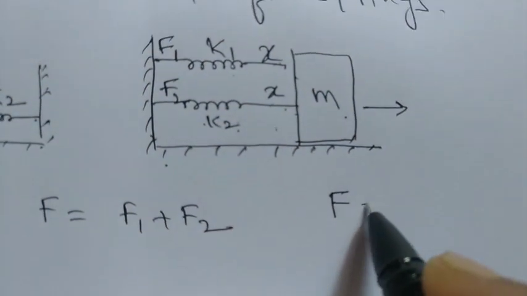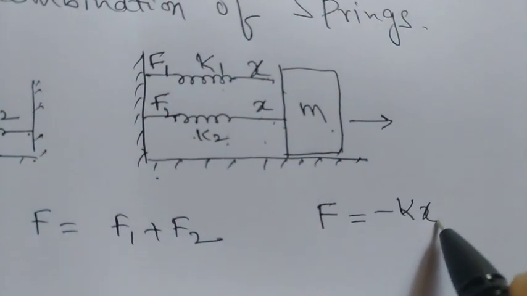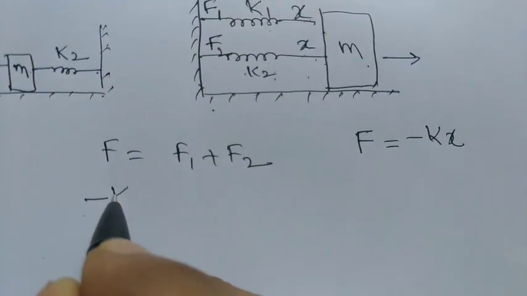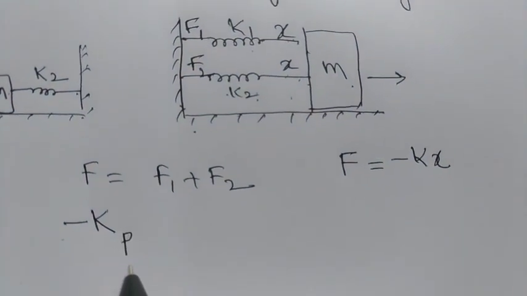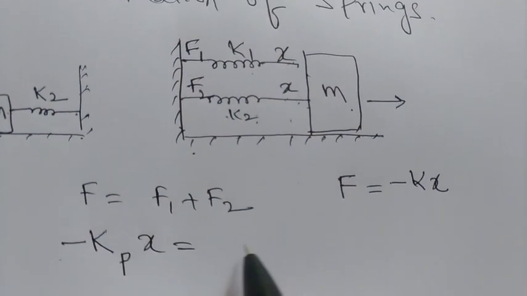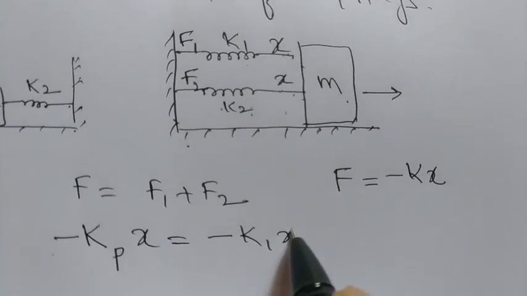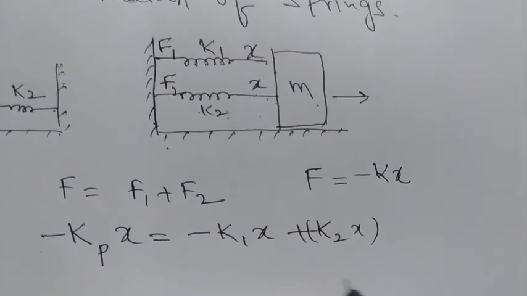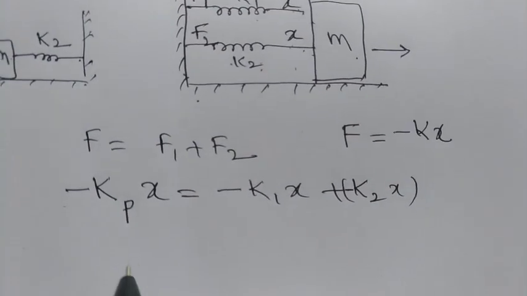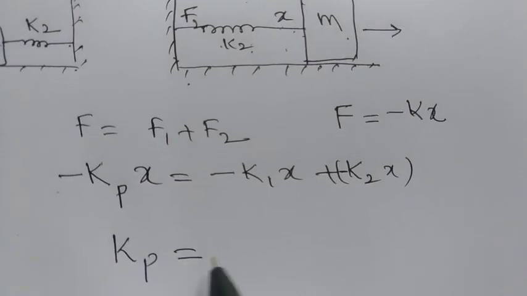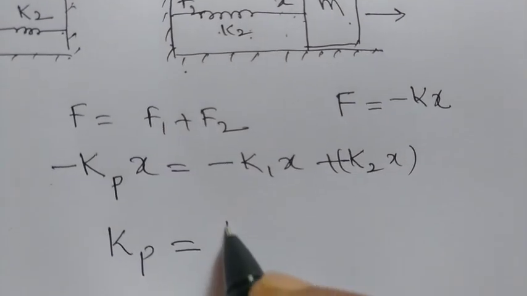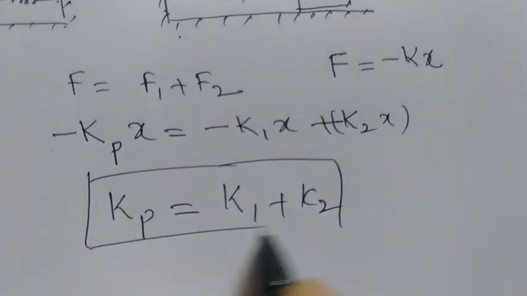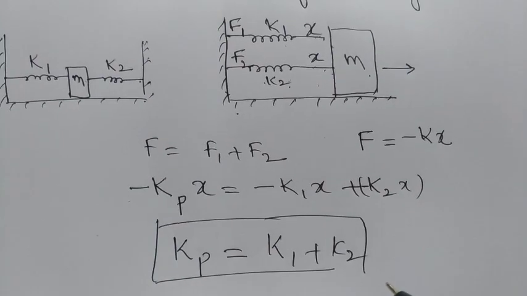For the restoring force equation F = -kx, with resultant kp for the parallel combination, F1 = -k1x and F2 = -k2x. The x cancels, the minuses cancel, and the resultant spring constant in the parallel combination is kp = k1 + k2. This is the resultant equation in the parallel combination.